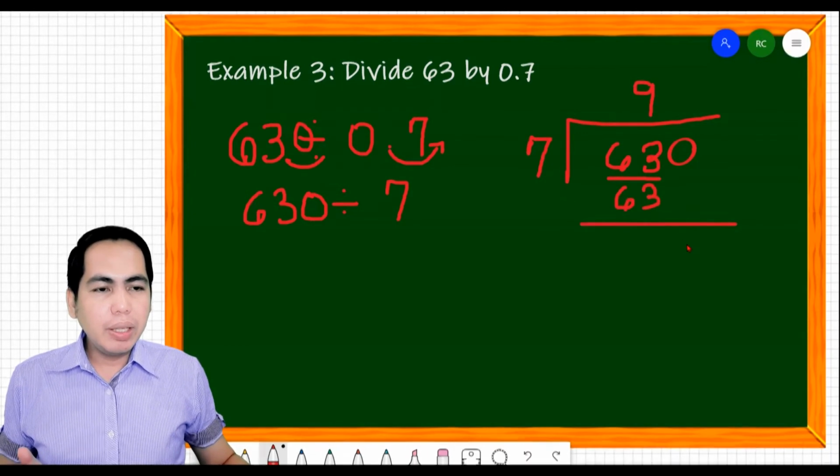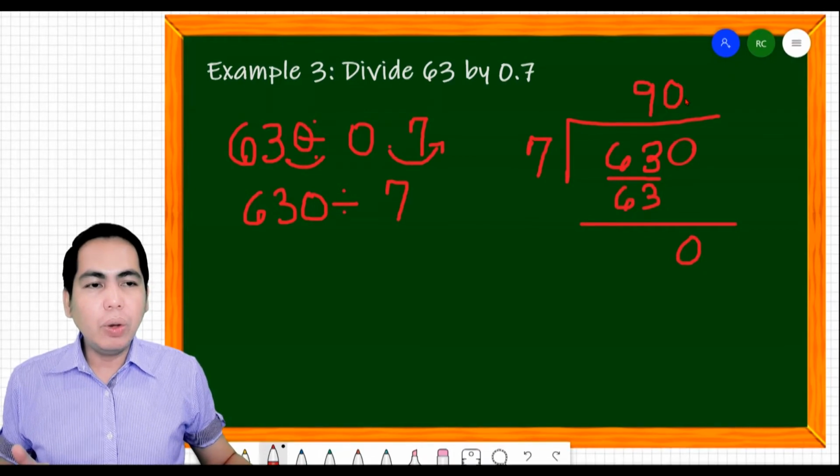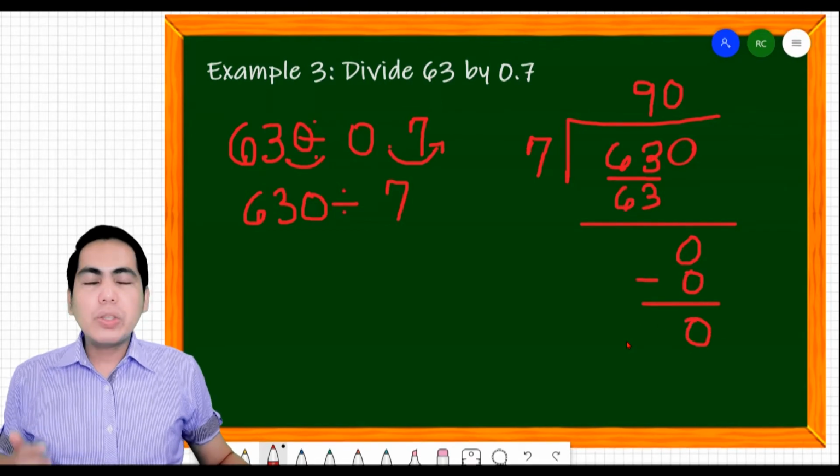And then bring down the 0. 0 divided by 7 is 0. 0 times 7 is 0. So 0 minus 0 is 0. Therefore, the quotient of 63 divided by 7 tenths is 90.